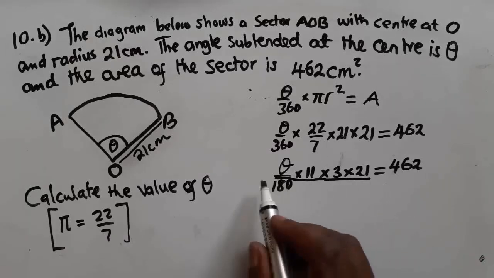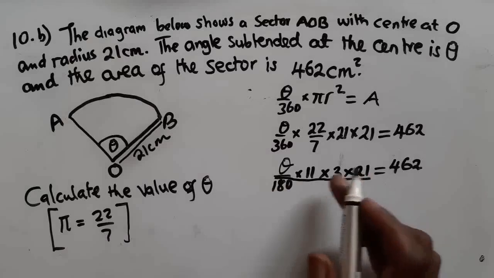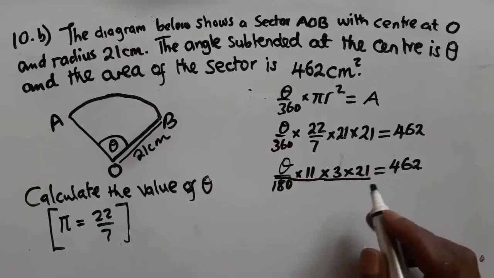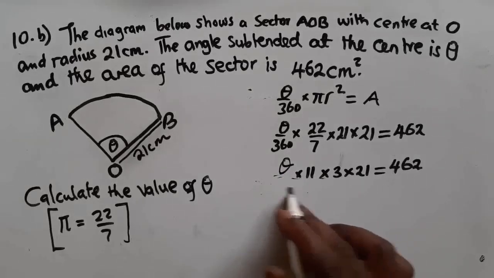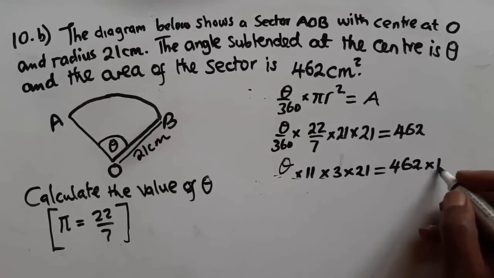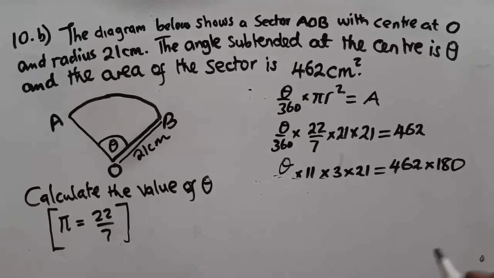So the next step is where we say we cross multiply. So to cross multiply, it will mean that all these will remain here. Okay? Then 180 will come this side. I hope that is very clear.